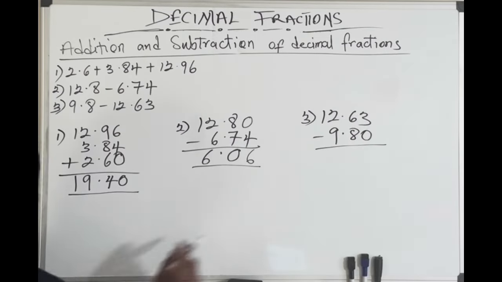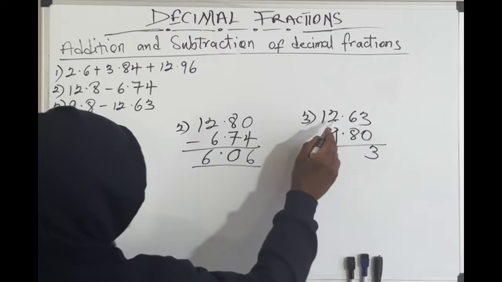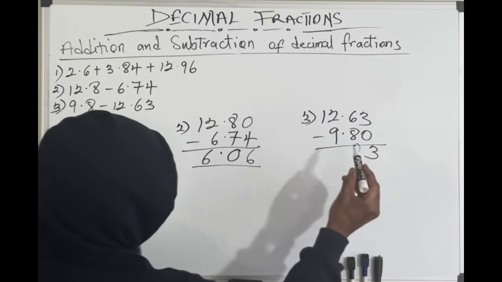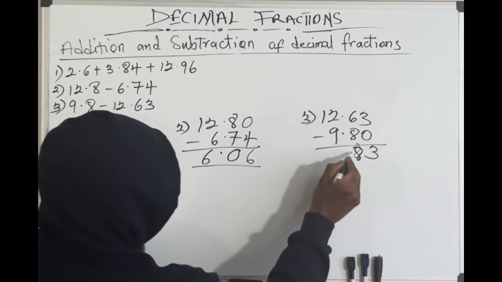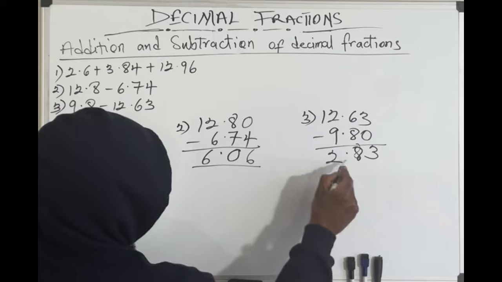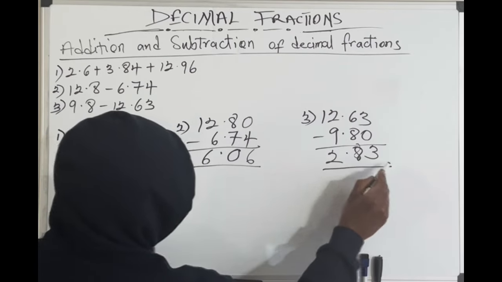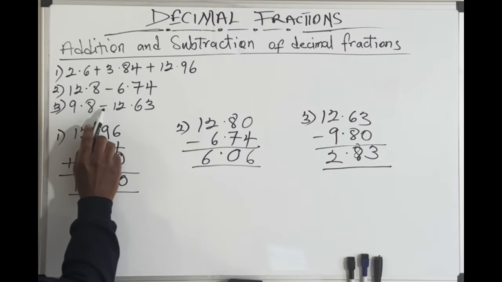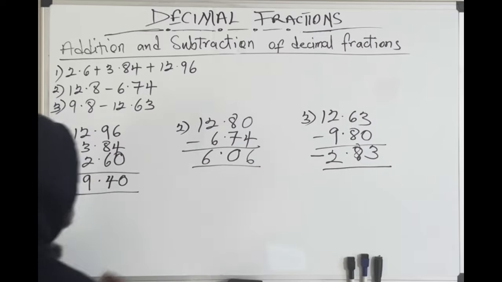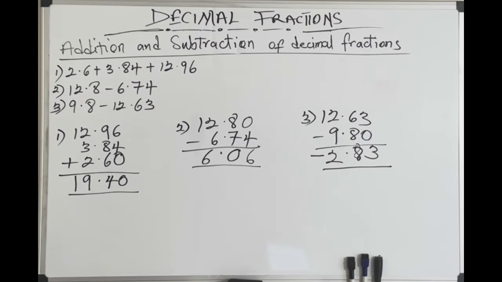So we got 3 here, we bring 1, making 16. 8 from 16 is 8. Then 11, so 9, 10, 11, 2. So we have 2.83. But remember, it was the other way around, so you have to bring the negative for the final answer to be negative 2.83.